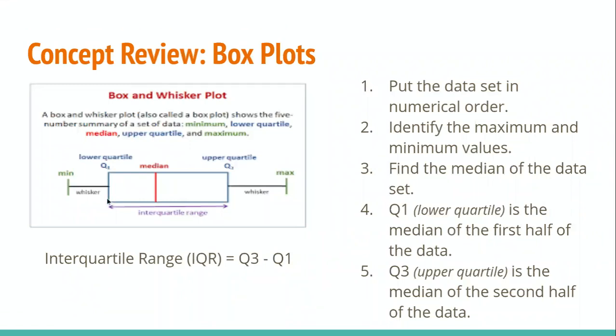Then you find Q1, which is the lower quartile, and that's the median of the first half of the data. And then you find quartile 3, which is the upper quartile, the median of the second half of the data. And then this is the construct. Okay? Make sense?